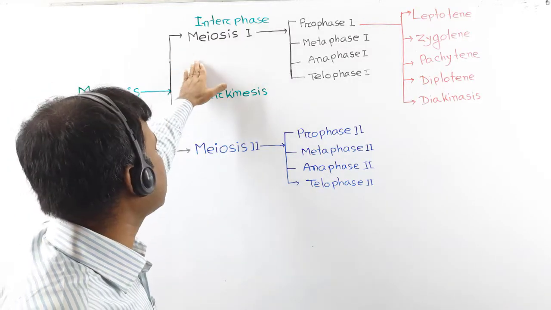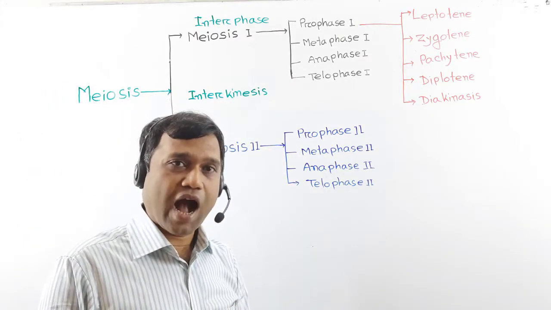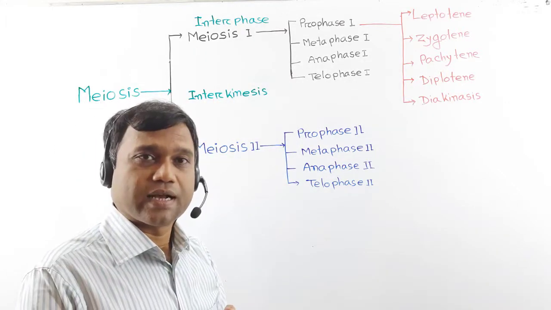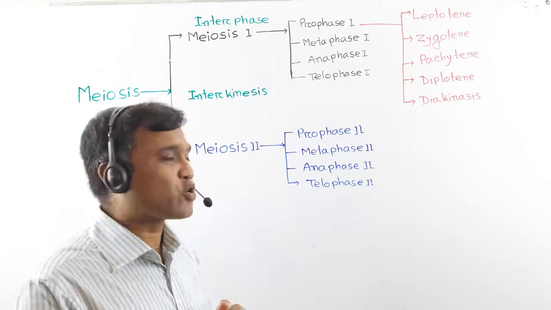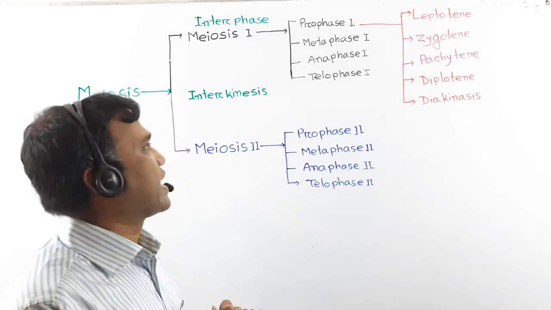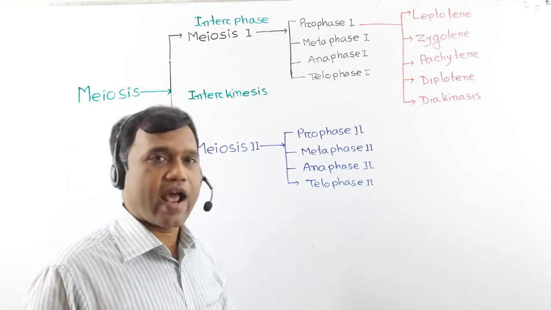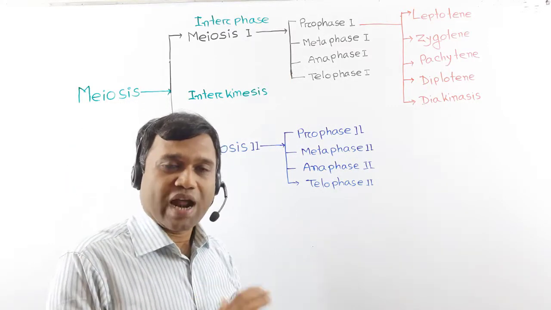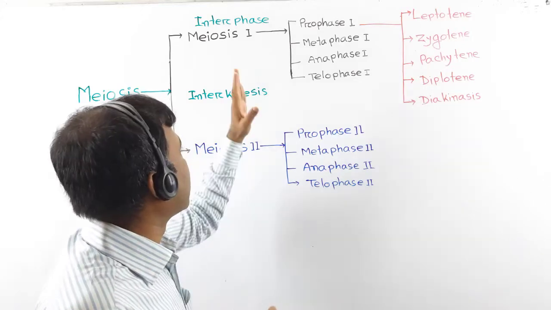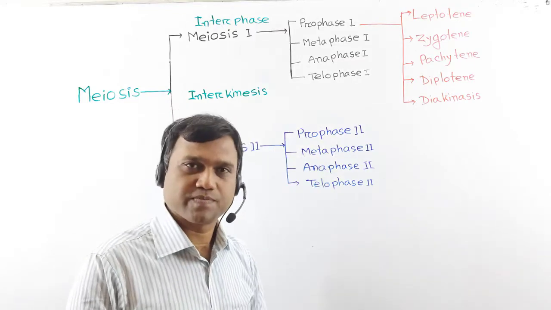In meiosis 1, the chromosome number becomes half. Today our topic is meiosis 1. In this class, we draw the different stages of meiosis 1 and learn the identifying characteristics of the different stages of meiosis 1 and also the substages.